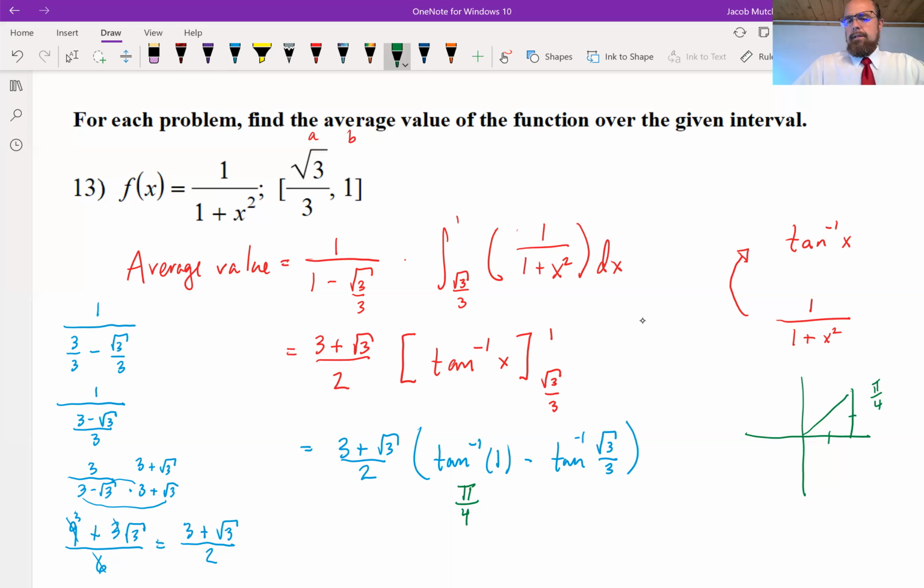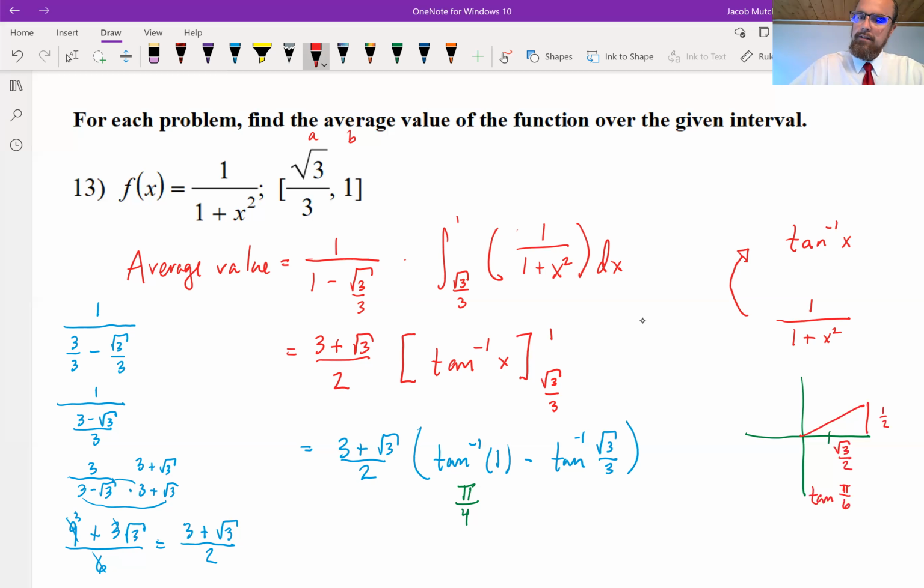We also need to think, what's the angle at which tangent would have the value square root of 3 over 3? That one's a little harder to see, but if you recall, my angle here, pi over 6, would have had the dimensions half vertically, square root of 3 over 2 horizontally. So let's check that this ratio for pi over 6 is square root of 3 over 3.